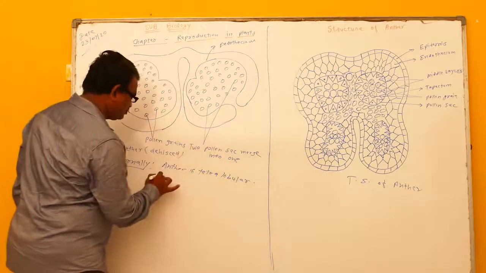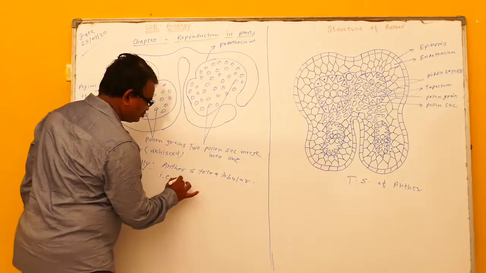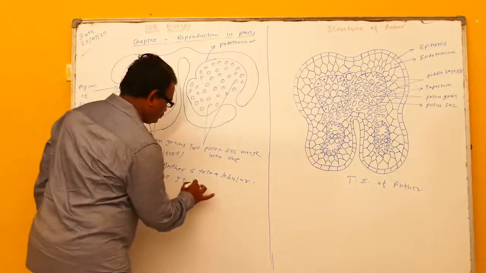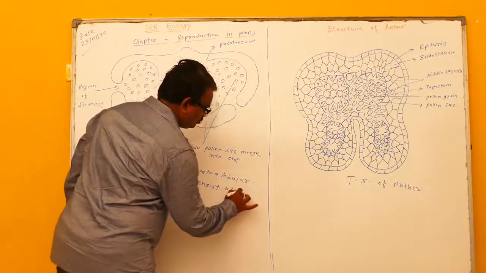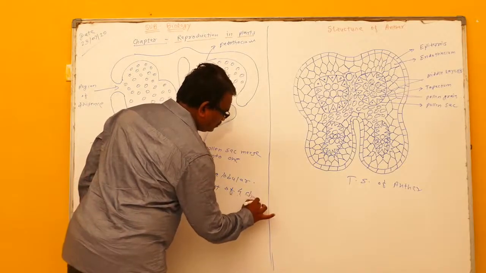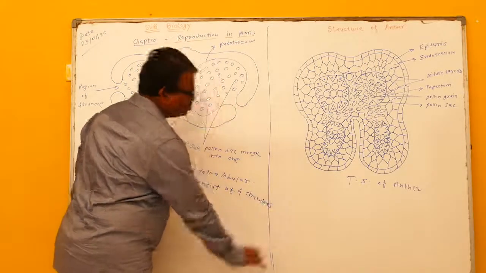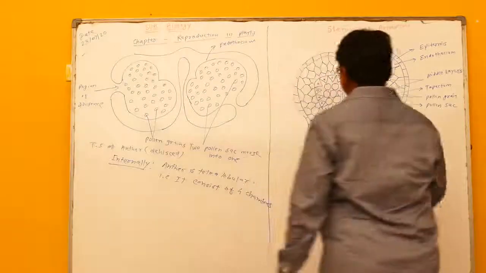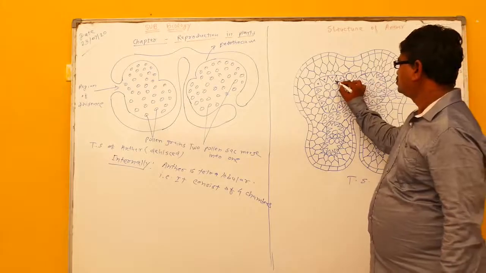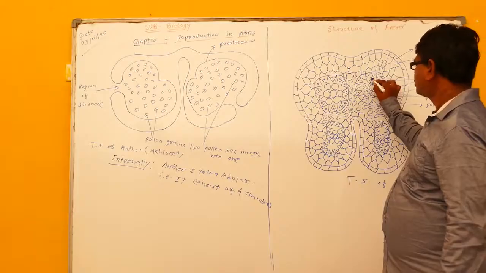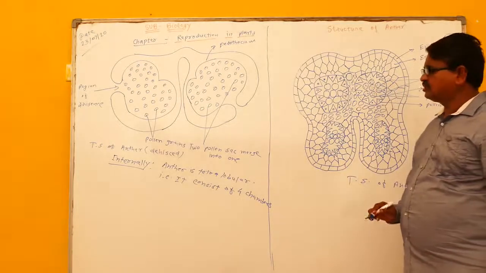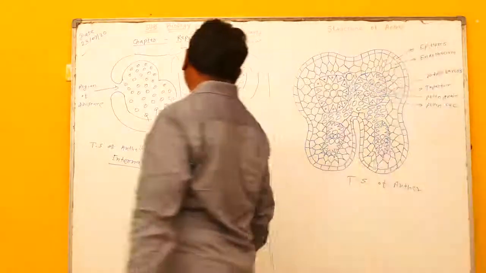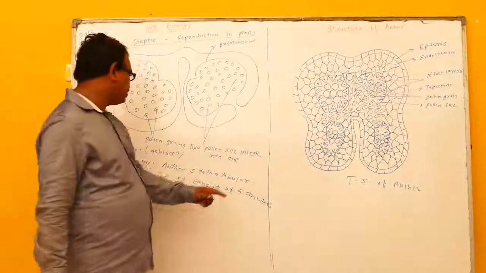It means that it consists of four chambers. So this is the first chamber, second chamber, third chamber, and the fourth chamber. So internally the anther is tetralobular.